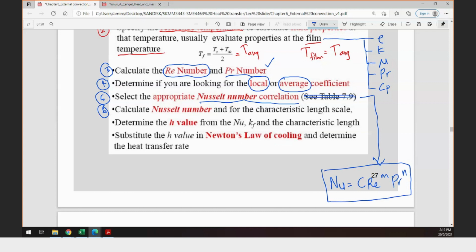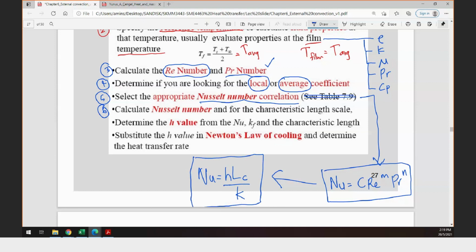Meaning you need to calculate this Nusselt number first, and then this value is equivalent to Nusselt number equals h Lc divided by k. This is the general equation for the Nusselt number that relates to the convection heat transfer coefficient.